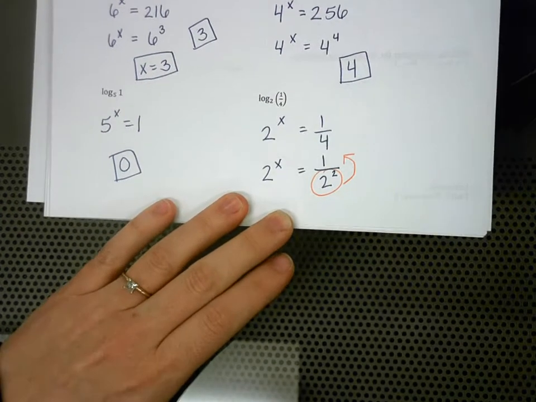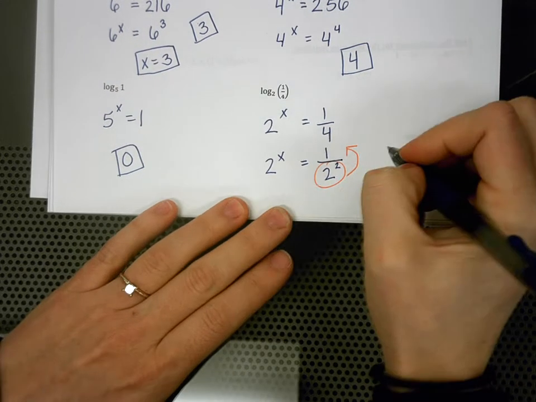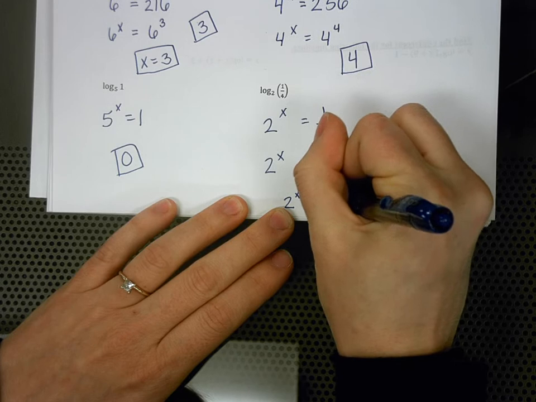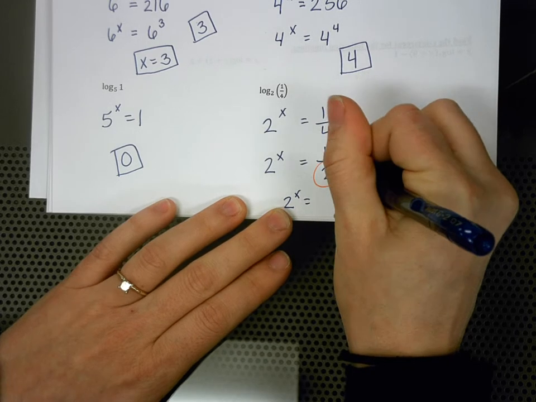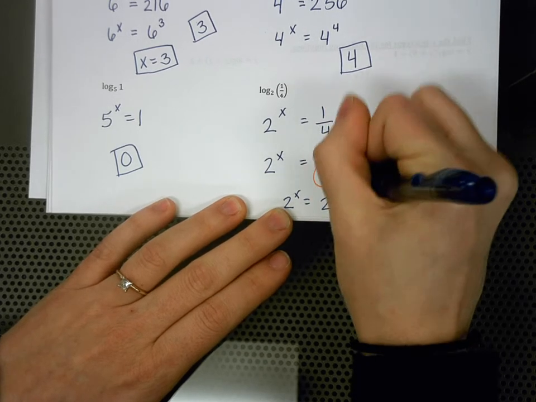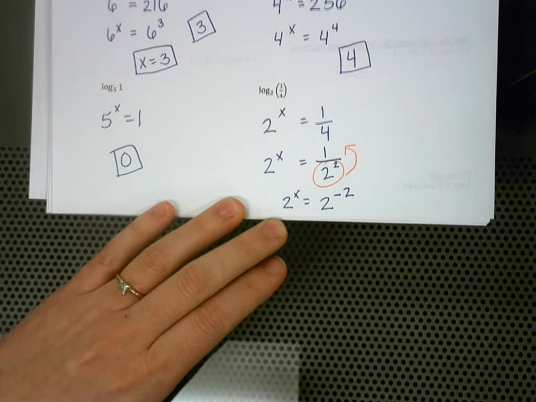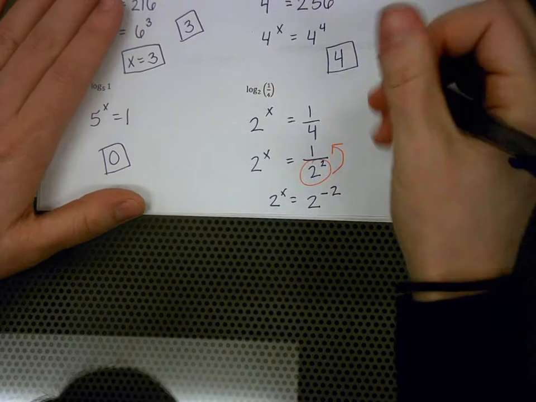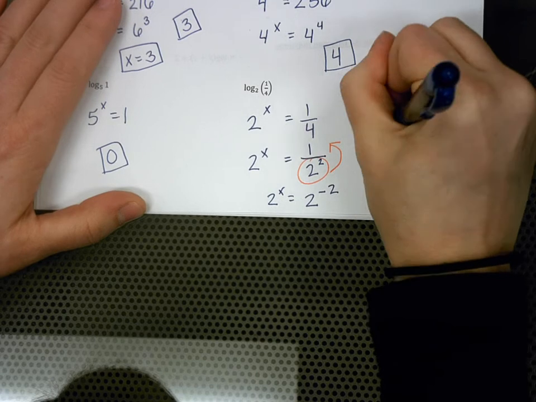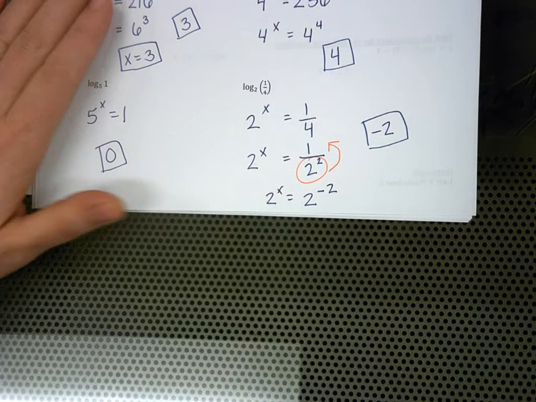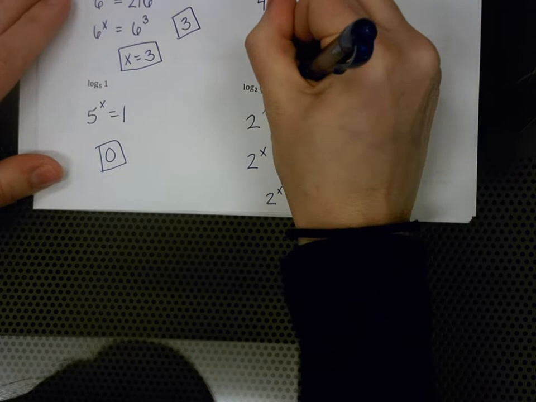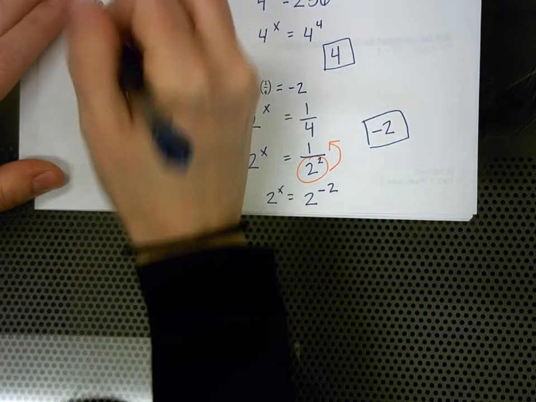What happens when you move a base across the fraction line? You should have answered that the exponent becomes negative, so this positive 2 of an exponent is going to change to negative 2. So the answer, or the exponent here, should be negative 2. So you can write equals negative 2. We could have done the same for the previous one, equals 0.